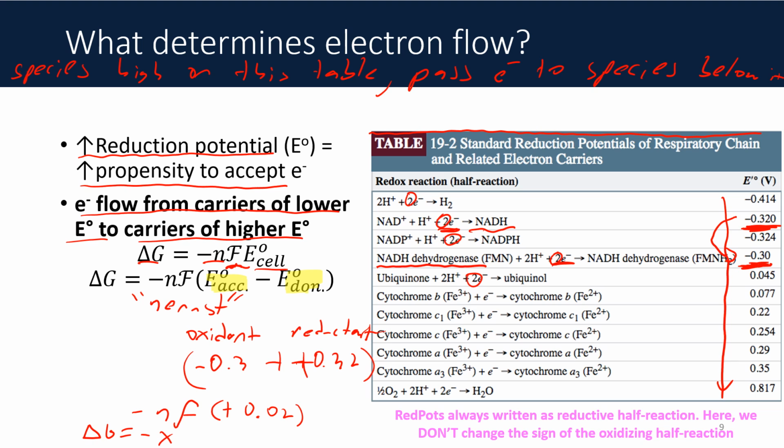And if you follow through this table, what we're going to observe is that the next step in the electron transfer chain, which is going to be reduction of Q by NADH dehydrogenase, that's going to have a higher reduction potential. What's the species in the electron transfer chain that accepts electrons from Q? It's going to be complex 3.